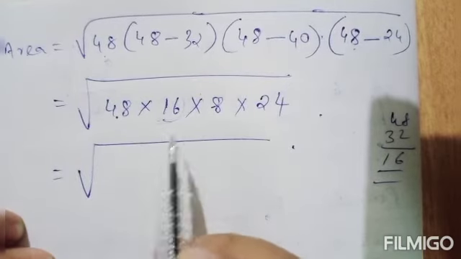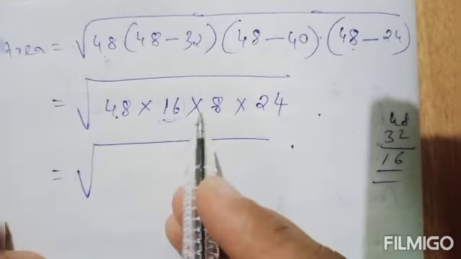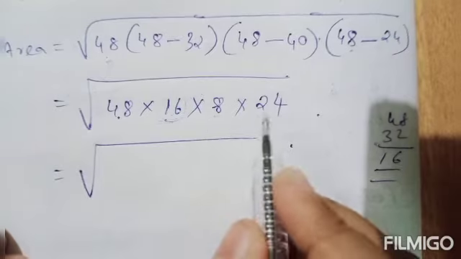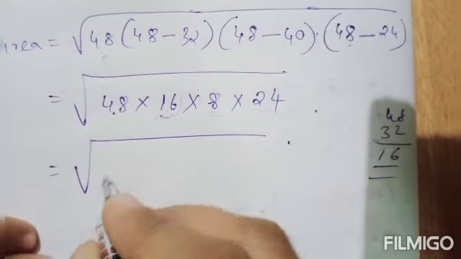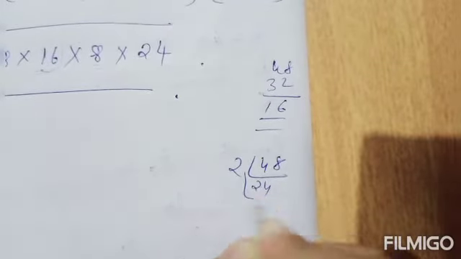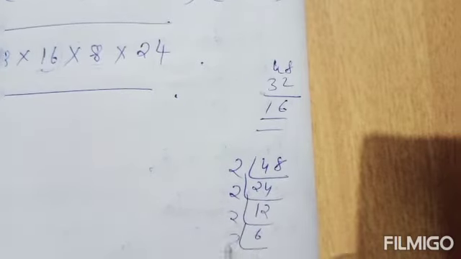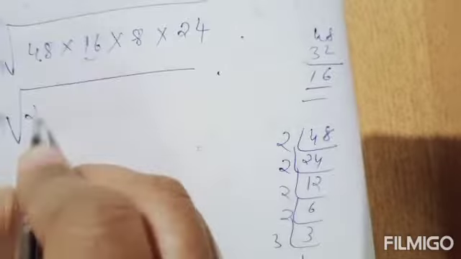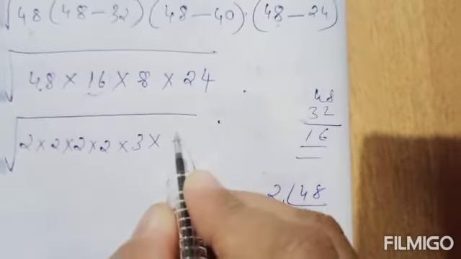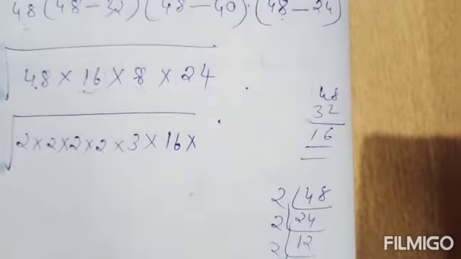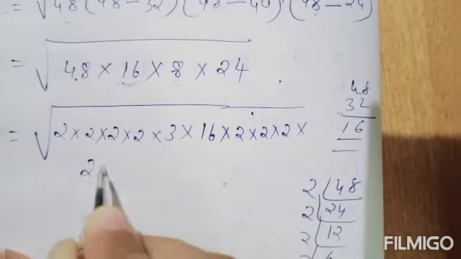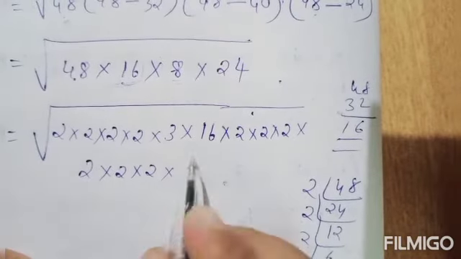So 48 on prime factorizing you will get 2 into 2 into 2 into 2 into 3. 16 you can write, into 8 it is 2 into 2 into 2, into 24 whose prime factorization is 2 into 2 into 2 into 3.